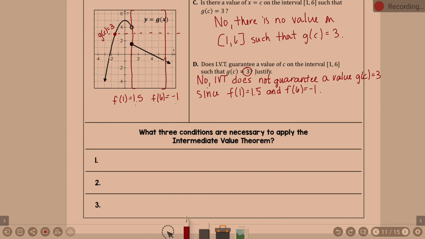To a person that understands calculus, you have proved it because you just have to be able to see, oh, 3 is not between those. So I know 3 is not guaranteed to be in the interval. But if you want to, I have written in parentheses, and 3 does not lie between -1 and 1.5. There's probably better ways to put it too.